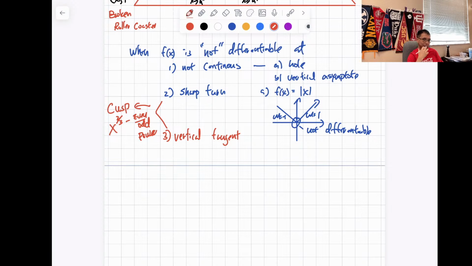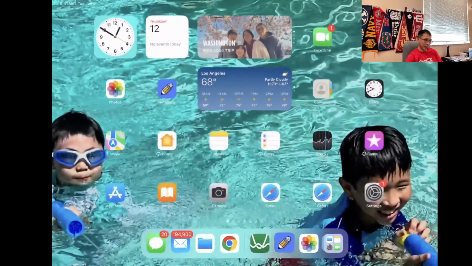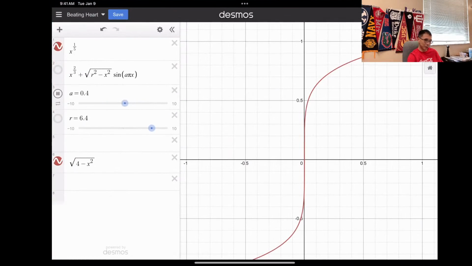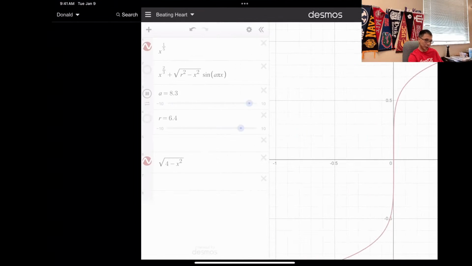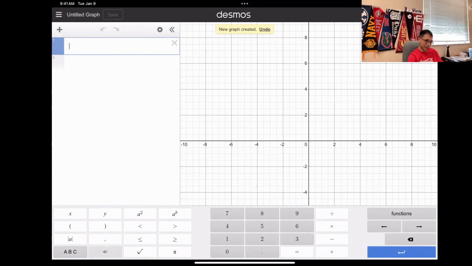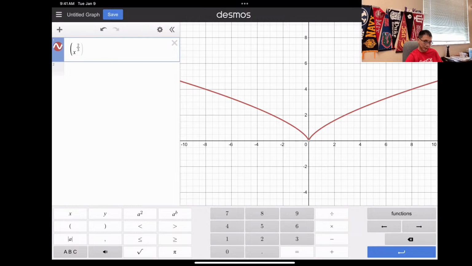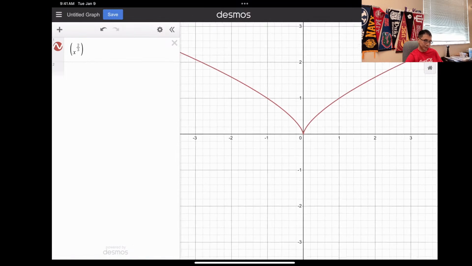And I think x to the 2/3 is actually interesting. If you have x to the 2/3, it should look like, usually we work with odd over even. No, sorry, even over odd. It looks like this, right?